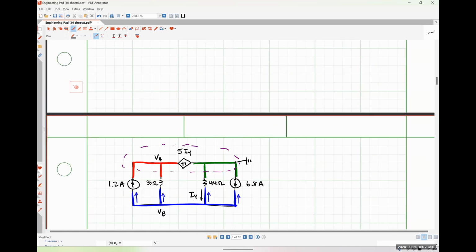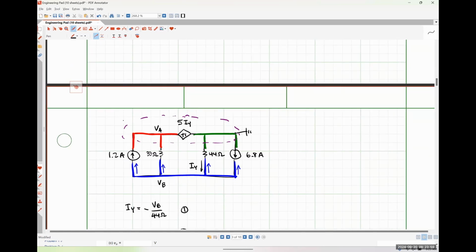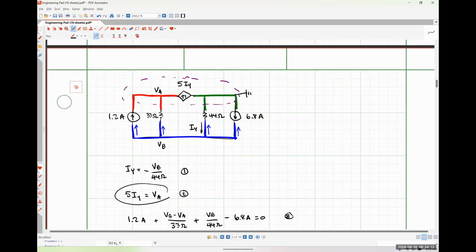Okay. So I wouldn't have to write KCL if I had made either my red node my reference or my green node my reference. I chose to make the green node my reference so that when I write my voltage relationship equation right here, I don't just have an extra negative sign floating around. So if I only have a single voltage source in my circuit, 99 times out of 100, I will choose to put the ground at the negative polarity terminal of my voltage source.